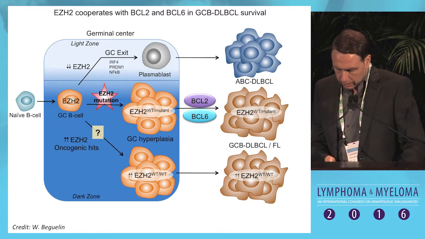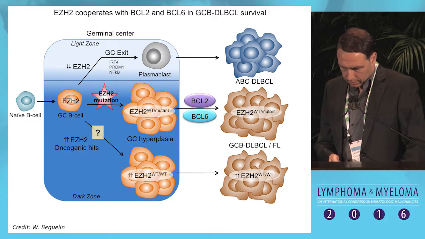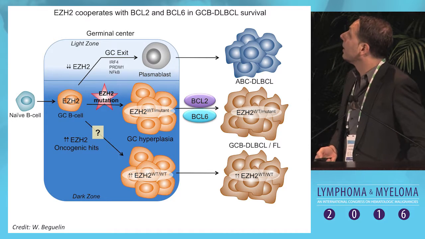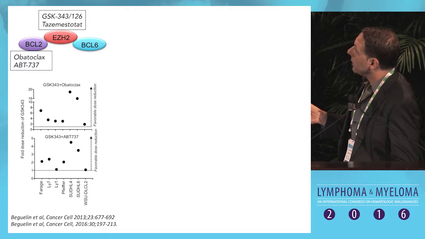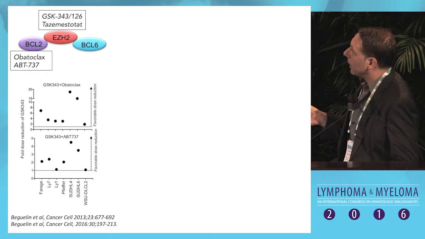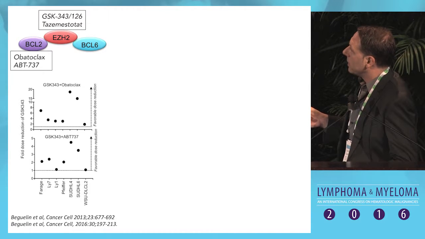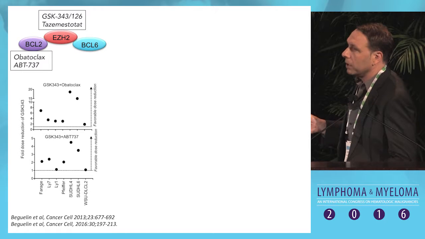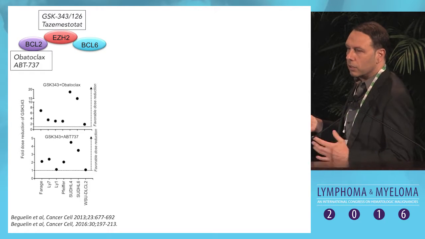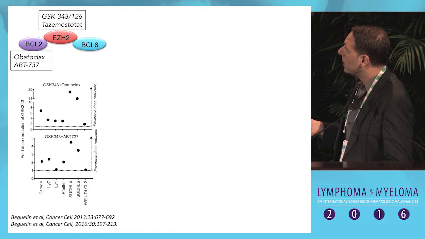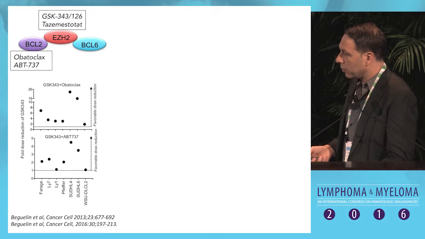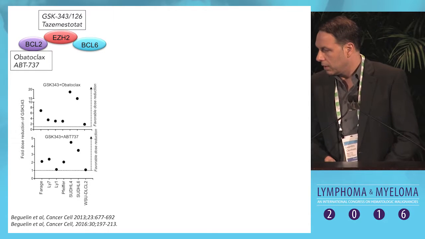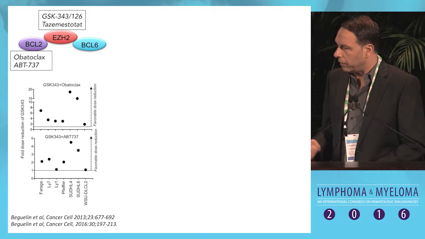So the inhibition of EZH2 with BCL2 inhibitors, here with venetoclax or ABT-737, seems to be synergistic in GCB DLBCL cell lines and also in animal models. And as well, the combination of EZH2 inhibitors with BCL6 inhibitors, we use FX1.